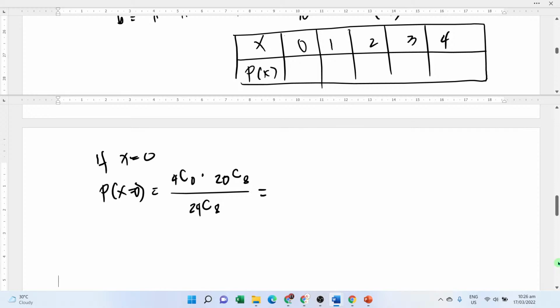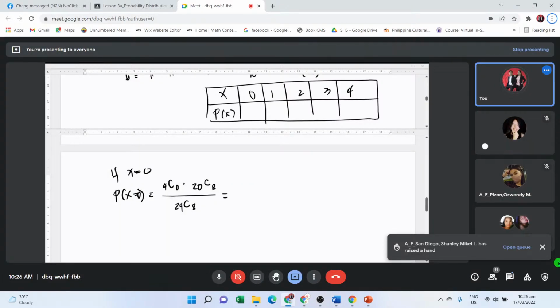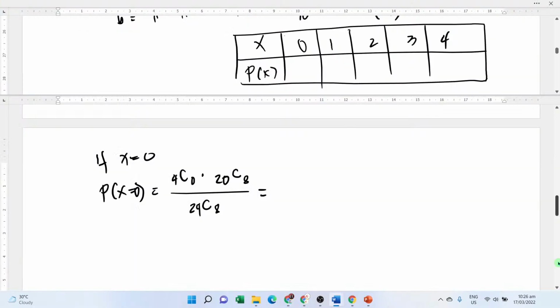And do you have an answer here? Anyone? Meron ba may sagot? Yes, Shanli, what is your answer? 130 over 759 po. Okay. The same with mine. So this is correct. 130 over 759.